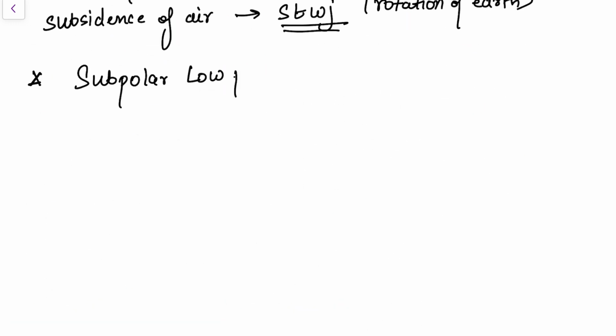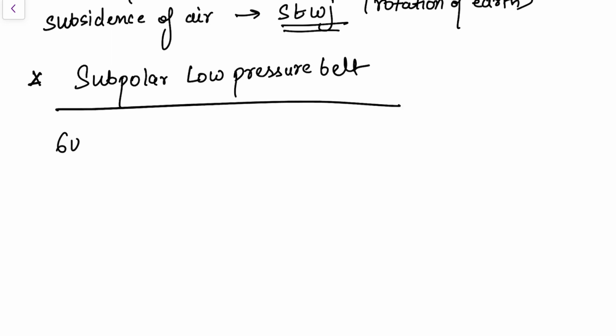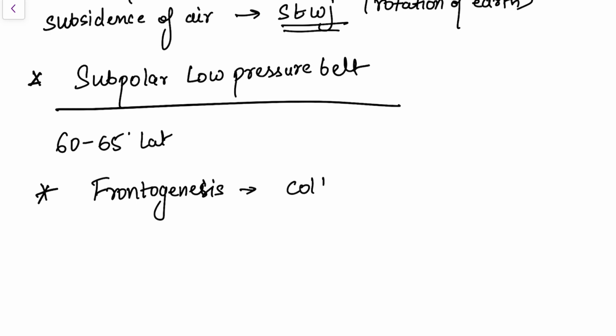Low pressure belt. So as I told you, 60 to 65 degree latitude in both the hemispheres. These areas are characterized by frontogenesis. Frontogenesis means the convergence of cold polar and warm tropical air masses.